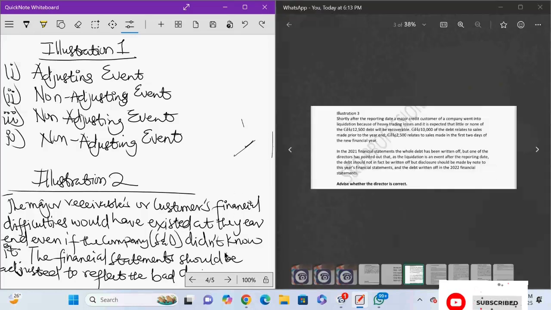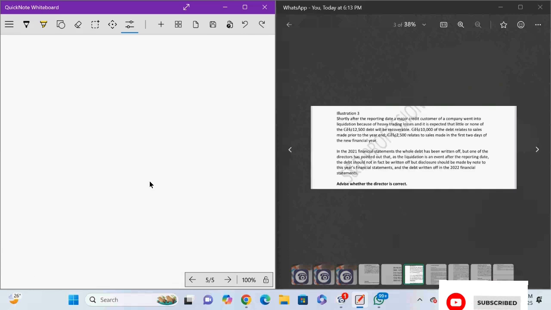So how do we advise him? According to IAS 10, which deals with events after the reporting period, any event that occurs between the reporting date and the date on which financial statements are approved must be treated as follows: if there was evidence, we have to adjust those events.